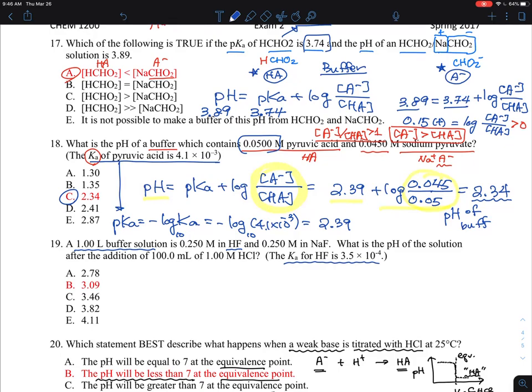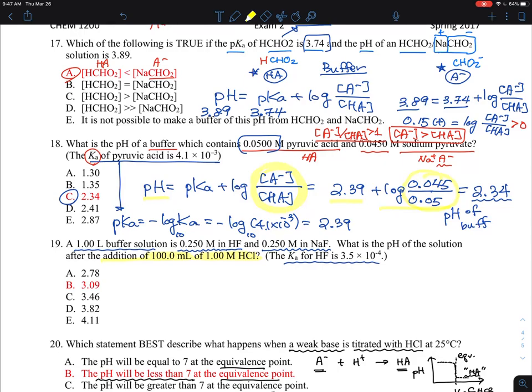It's very dangerous to deal with HF. Okay, anyway, the HF is here, and the conjugate base, F minus concentration is given. And then what's the pH of the solution after the addition of 100 mL of 1 molar HCl? So this is a variation of the problem.